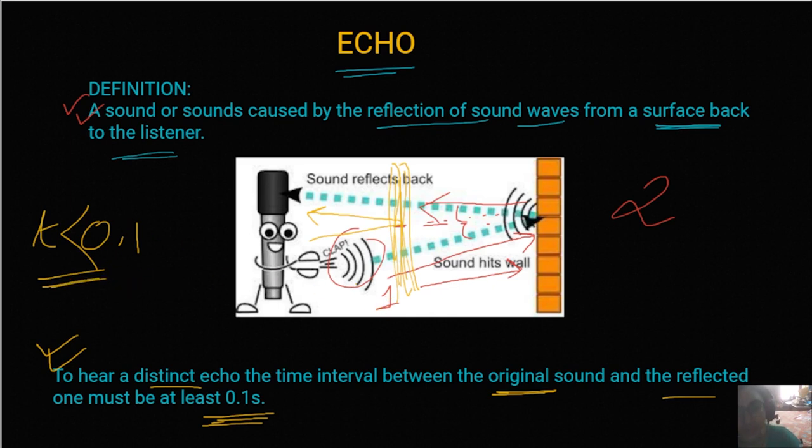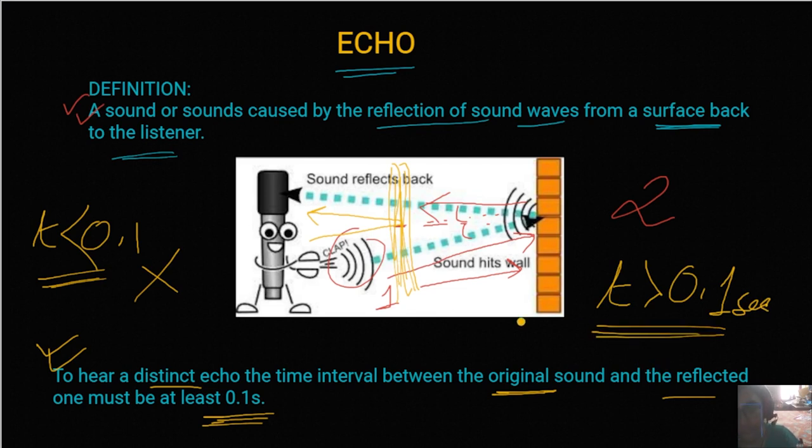It means that the echo will not take place, because you minimum have to listen to the sound after 0.1 second. That means that the time taken has to be greater than 0.1 second for it to be called an echo. So that is why it always has to be at a particular distance.